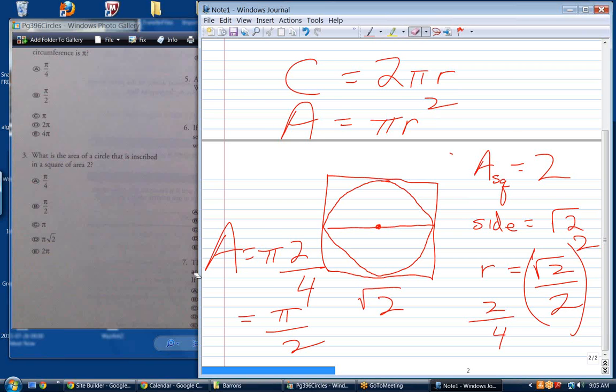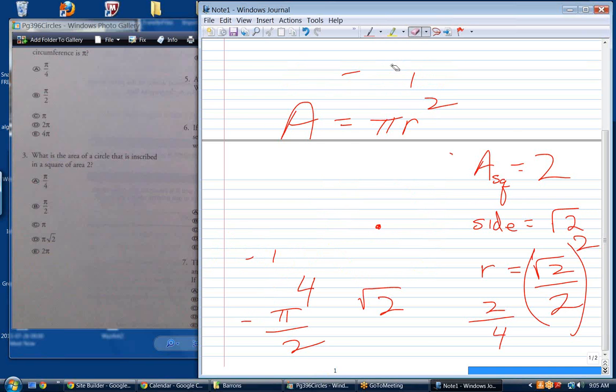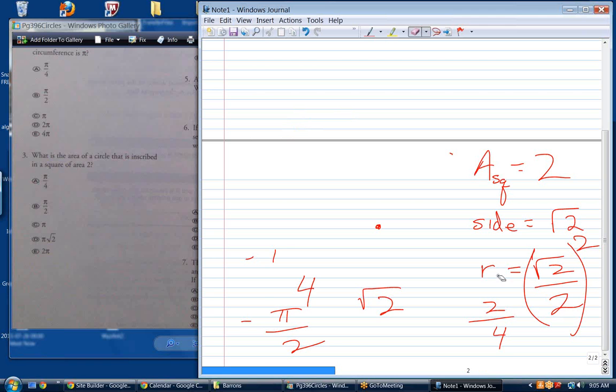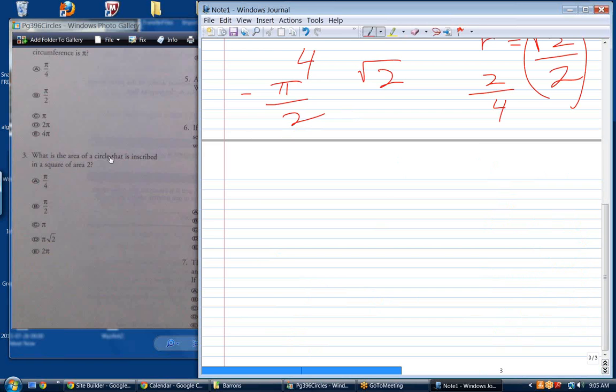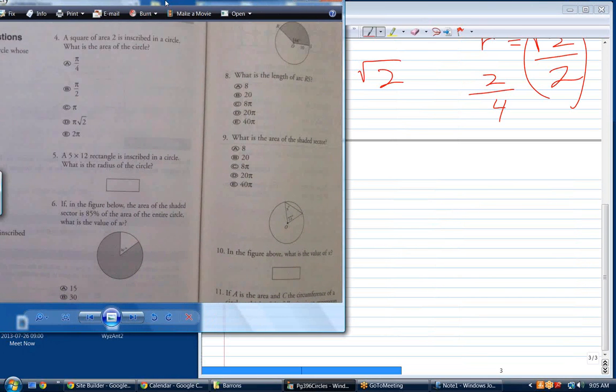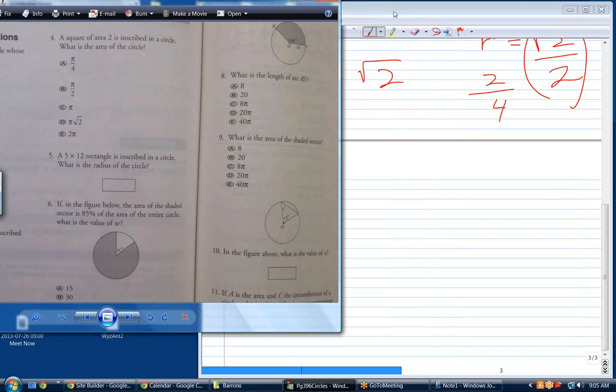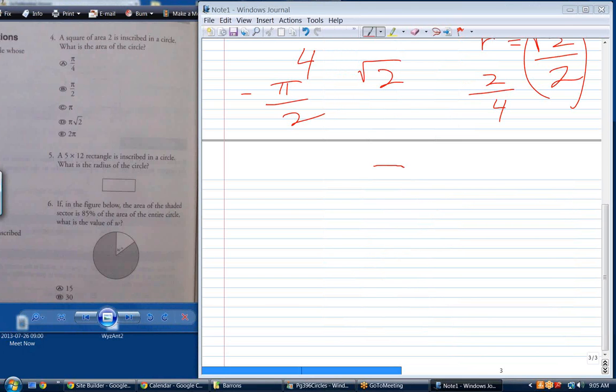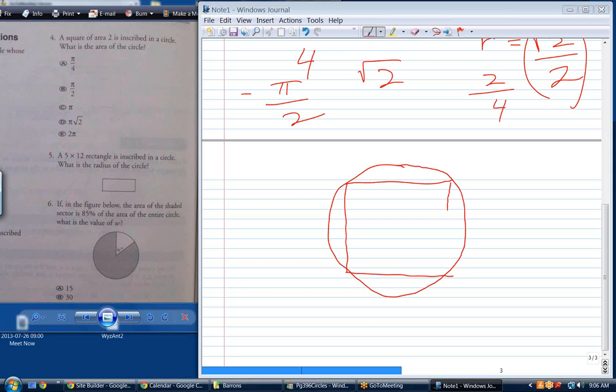Let me erase this. In fact, you have these memorized. There's no point. I don't need to leave those up there. A square of area 2 is inscribed in a circle. Again, what's the side of the square?